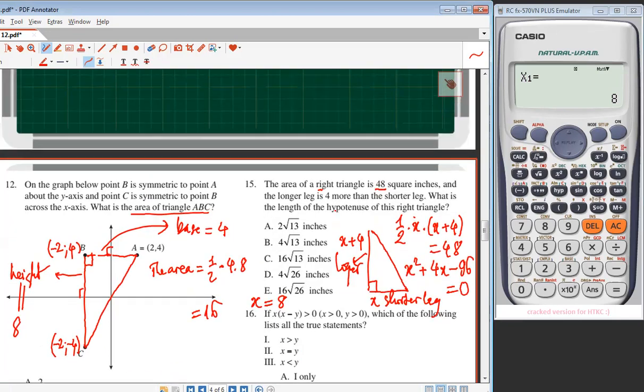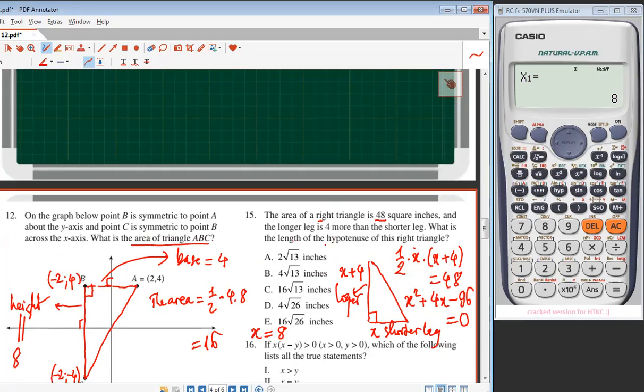And if we want to find the length of the hypotenuse, it equals the square root of the sum of the square of the longer leg and the square of the shorter leg, which is 12 squared plus 8 squared.